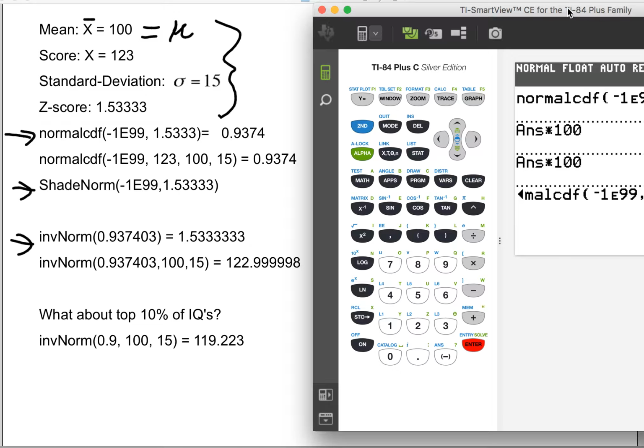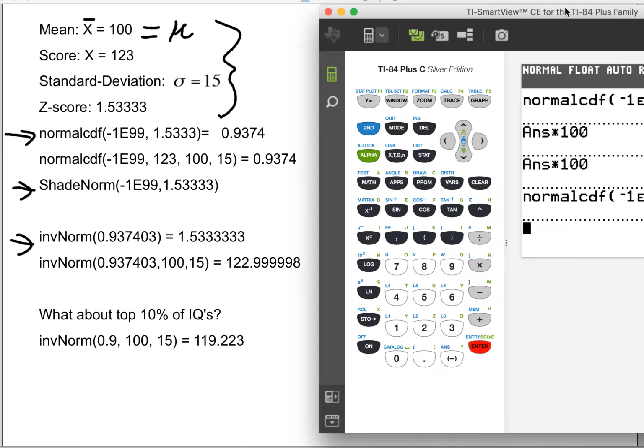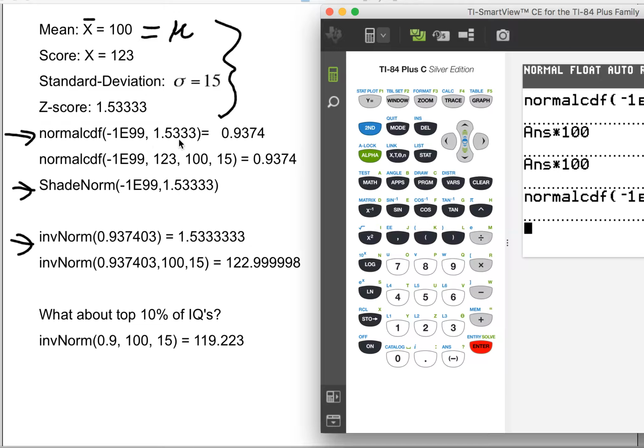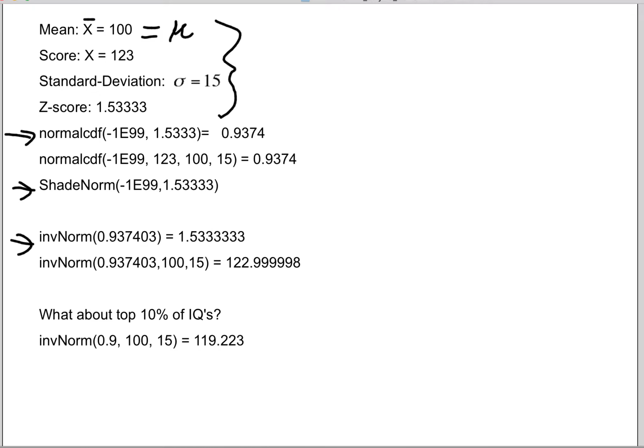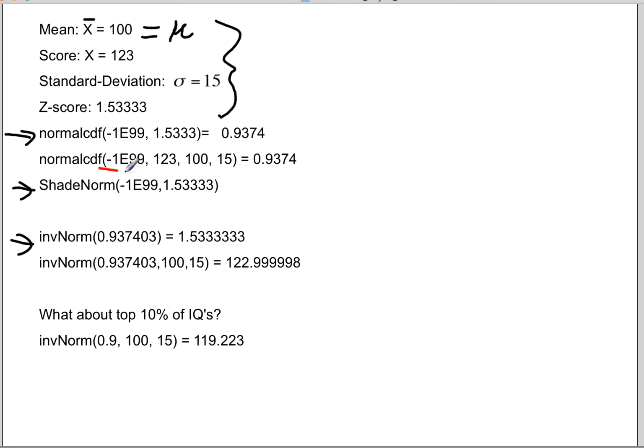Paste that in, and the calculator will work out the z-score for us, and we get the same answer. So if you don't want to spend time working out the z-score, this command right here, I'll underline it in red, will give it to us.